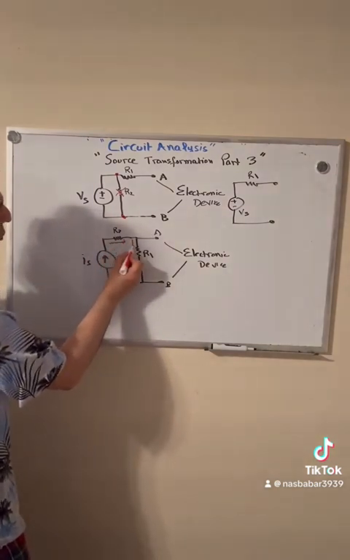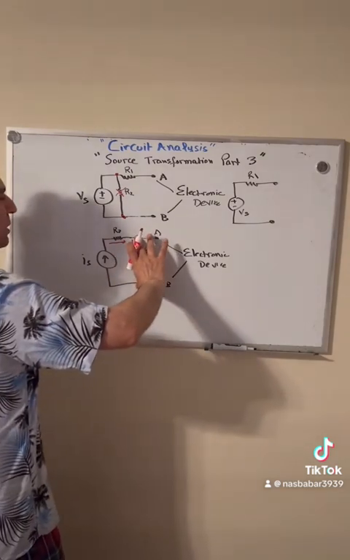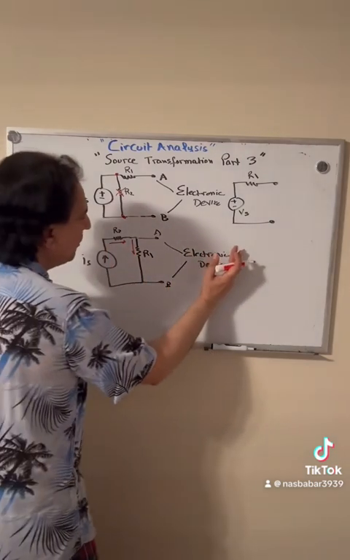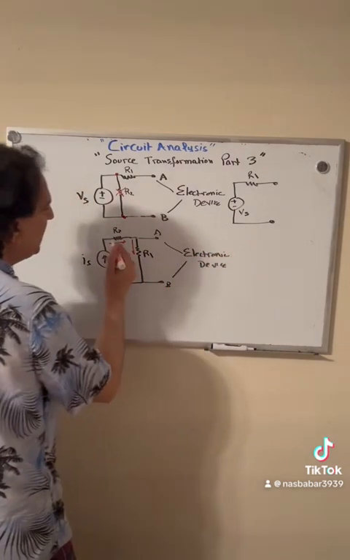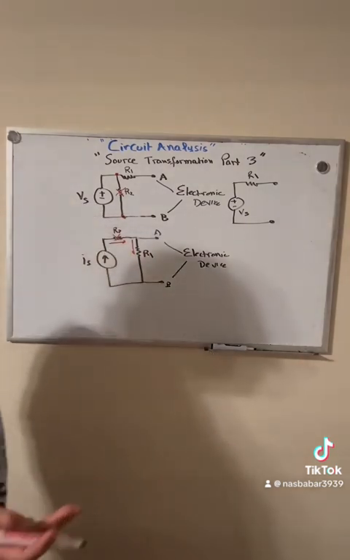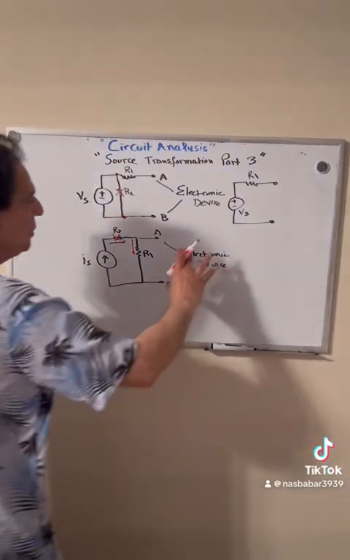The same current is going to go right here, so we're going to have basically the same voltage drop right here. So from this device's perspective, if I take this R2 out, does it make any difference? It doesn't make any difference for this electronic device.